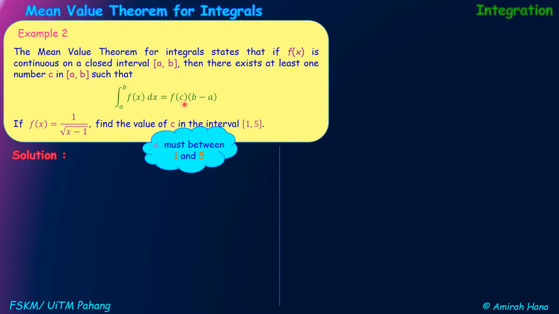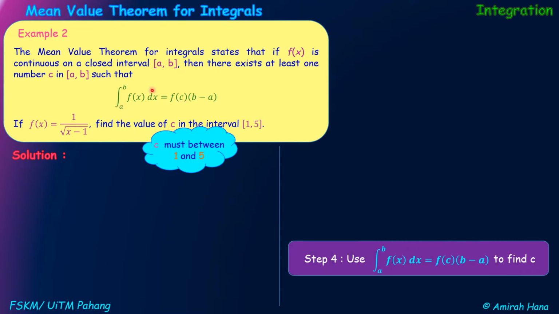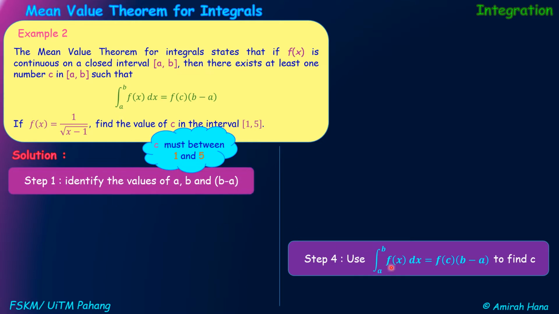To solve this question, first we need to use the given formula, so we jump to step 4: use the integral from a to b of f(x) dx equals f(c) times (b minus a) to find the value of c. Before we use this formula, step 1, we identify the values of a, b, and b minus a to substitute into this formula.